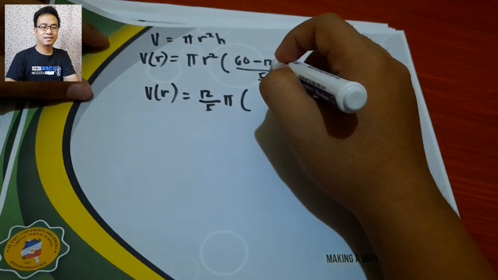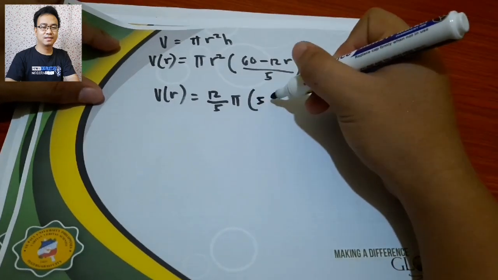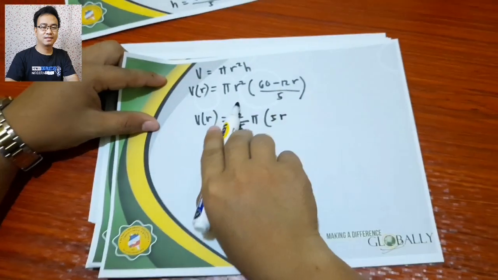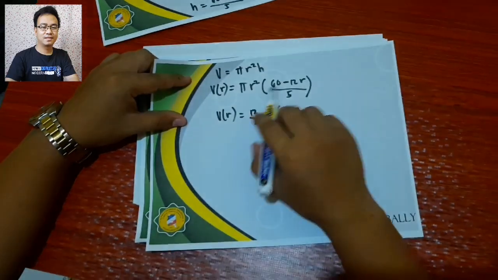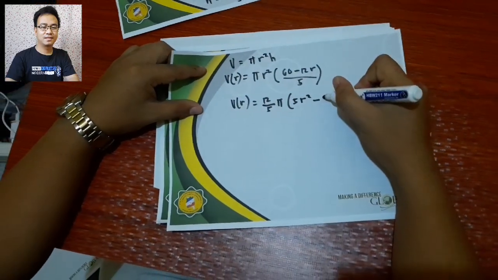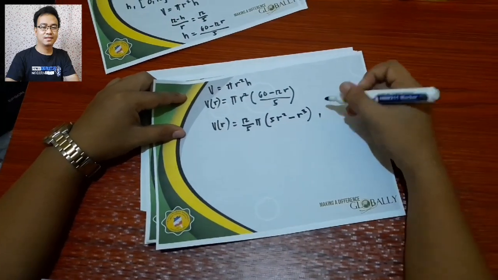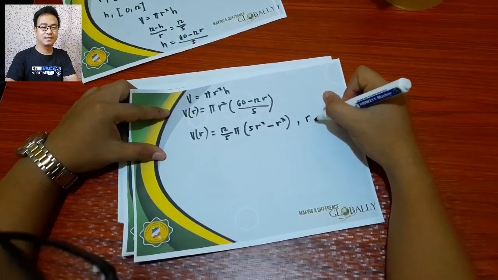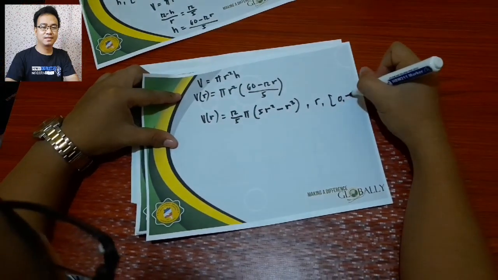And then we have this one, 12. So therefore, we have 5R here. Take note, we have R here earlier. So R squared minus R times R is R cubed. And this is with R in closed interval 0 and 5.